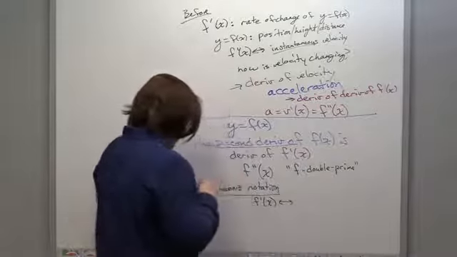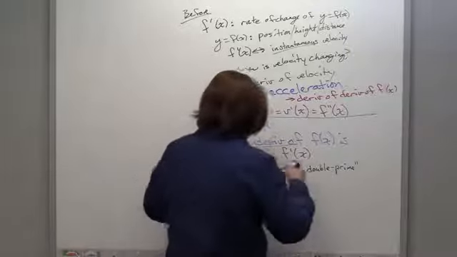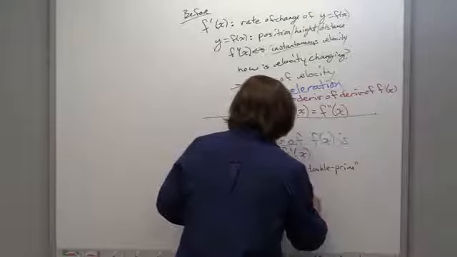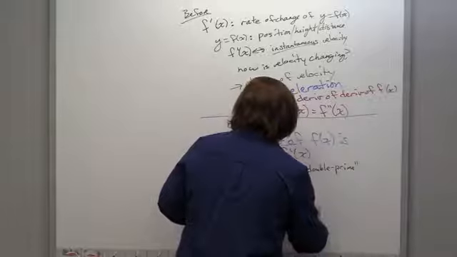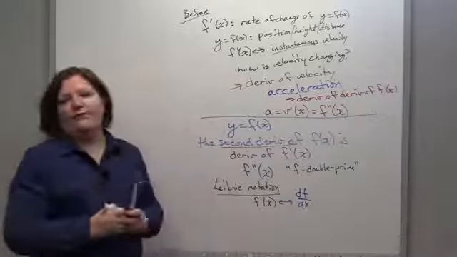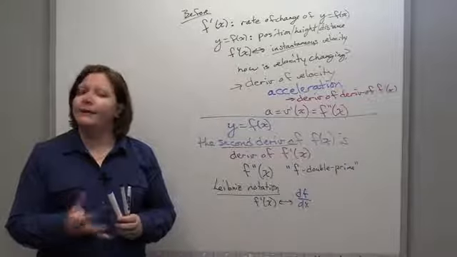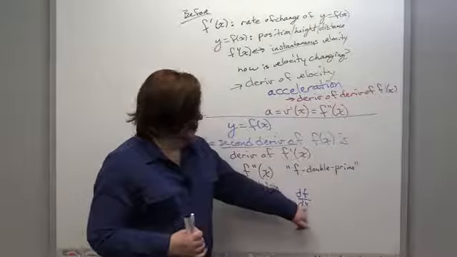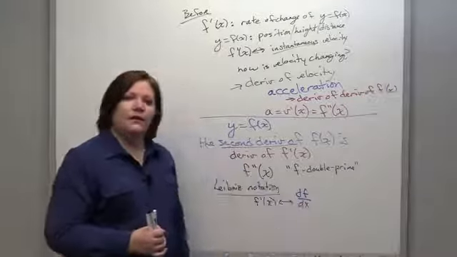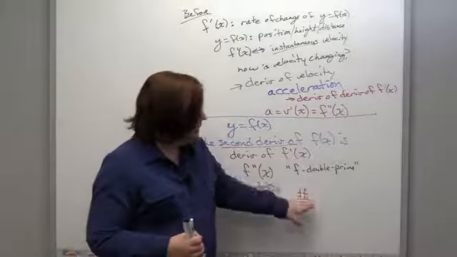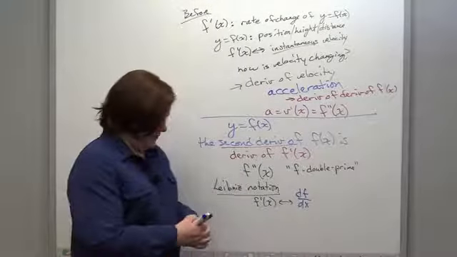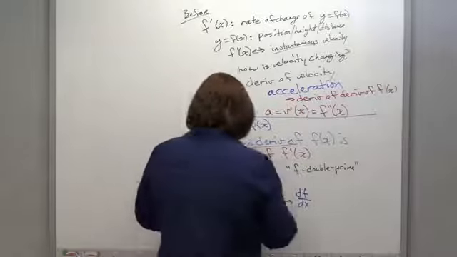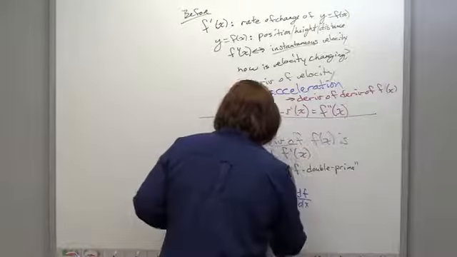In Leibniz notation, it would be df dx, or sometimes dy dx. Again, this can be useful because it tells you what variable you're using, and it also reminds you what the units are, which we'll talk about in a second.